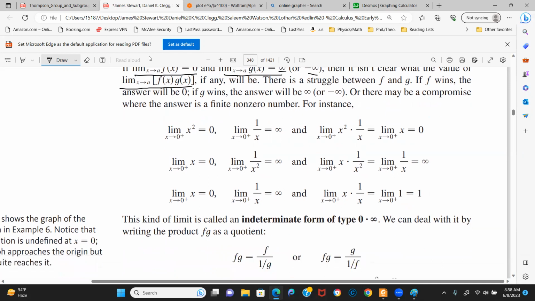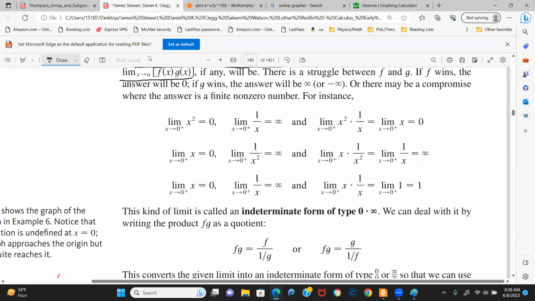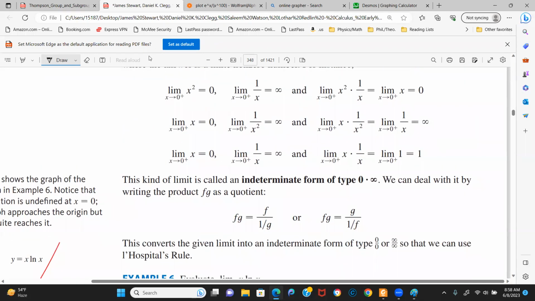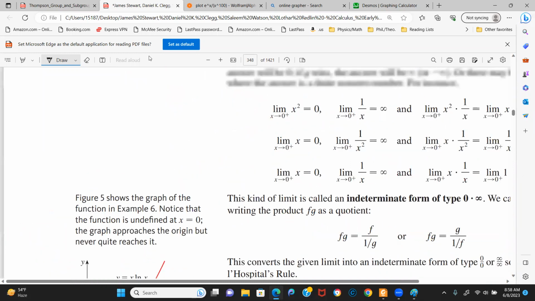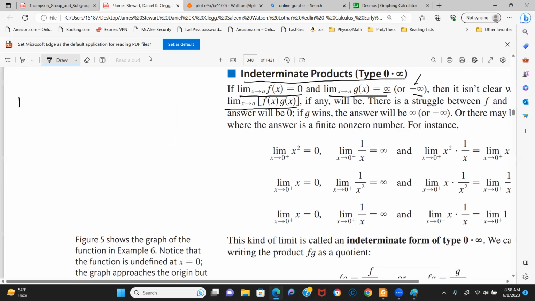So the idea is that you can, the part that goes to infinity. Here's the fact, basically: if g of x is going off to infinity, then 1 over g of x goes to 0. I think I've mentioned this in another video.